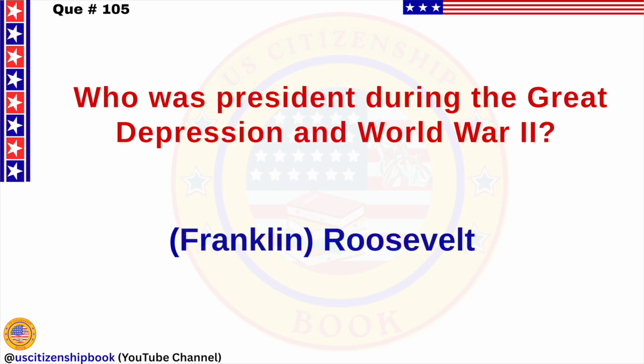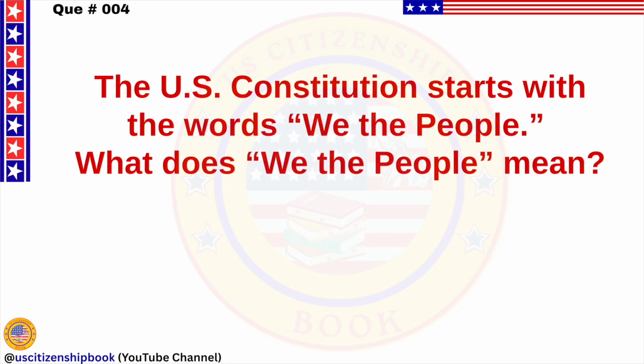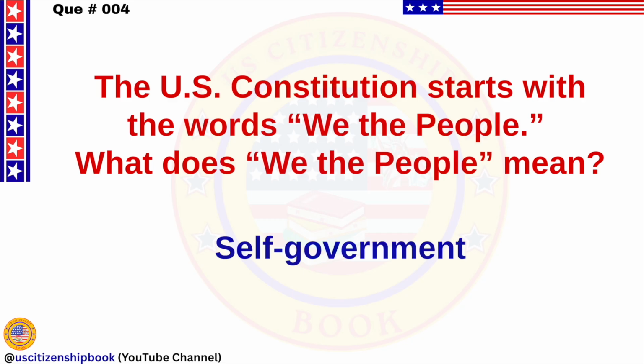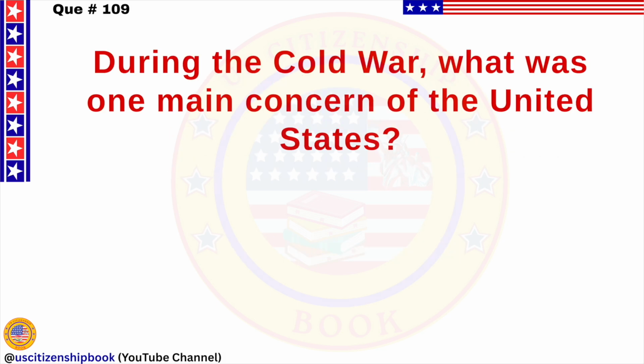Franklin Roosevelt. The U.S. Constitution starts with the words, "We the people." What does "we the people" mean? Self-government. During the Cold War, what was one main concern of the United States? Communism.